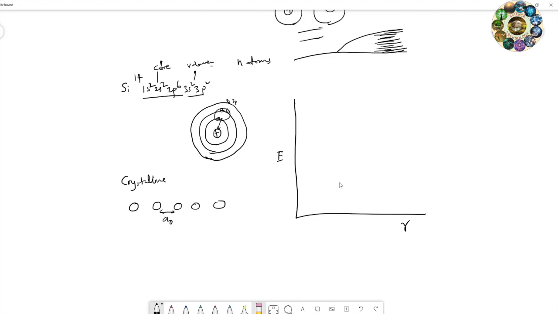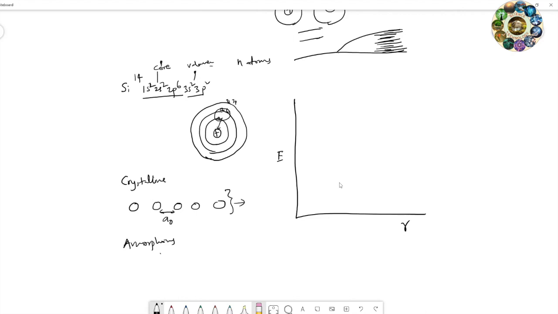Another form of materials is amorphous, where the order is very short, a short range order, and atoms are arranged in a random way. But in crystalline materials, the atoms are arranged in a periodic way. Here we are discussing these.